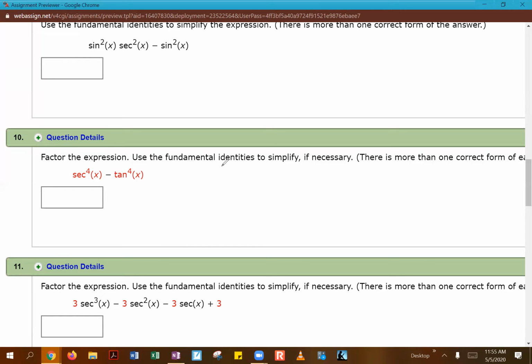Would we turn tangent into secant? Or try to turn it into secant? We can try.